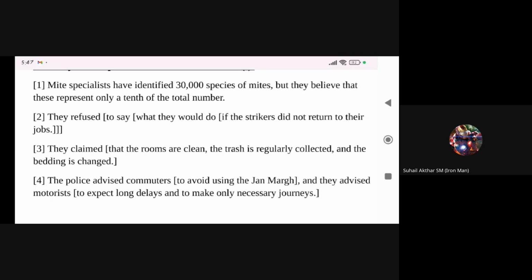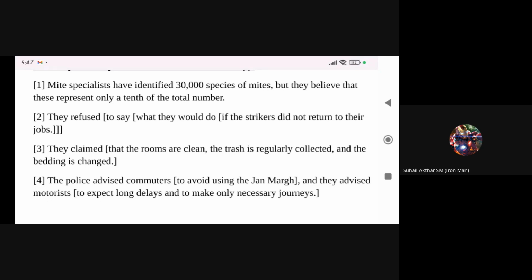Correct. And they advised motorists to expect long delays and to make only necessary journeys. Correct. So two independent clauses.